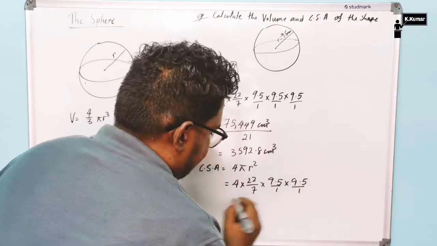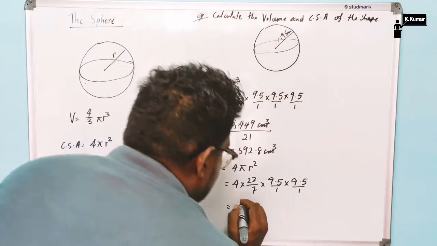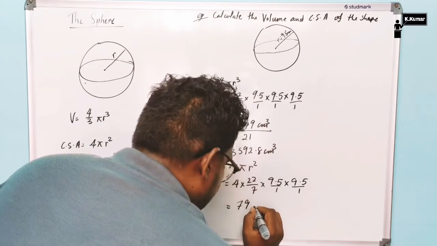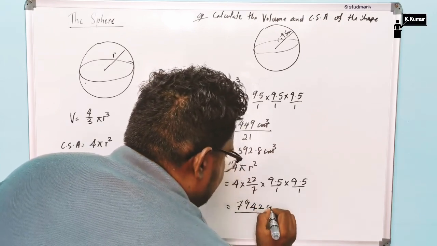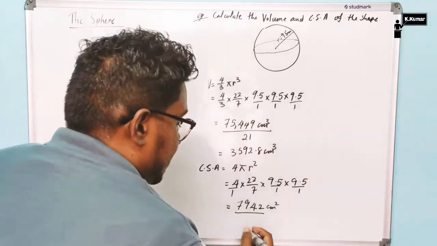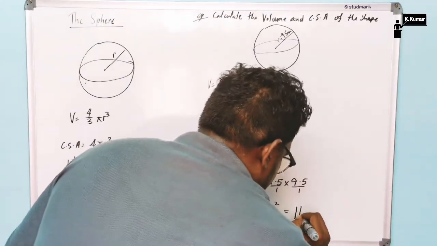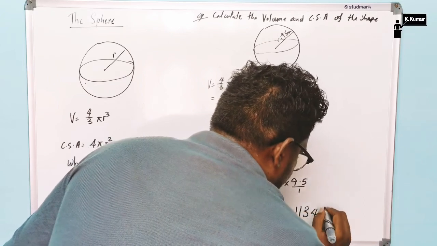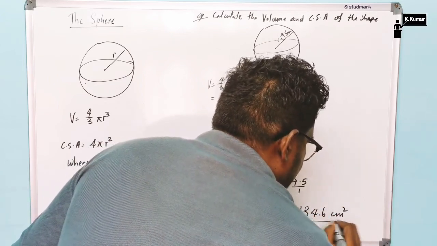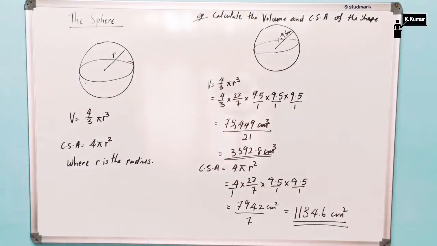You put them over 1. 4 times 22 times 9.5 times 9.5 is going to give me 7,942 cm squared, divided by 7 times 1 times 1 times 1, which is 7. When you divide it, you're going to get 1,134.6 cm squared. And that's how you find the curved surface area and the volume of a sphere.